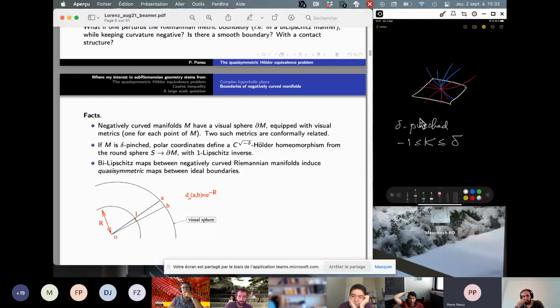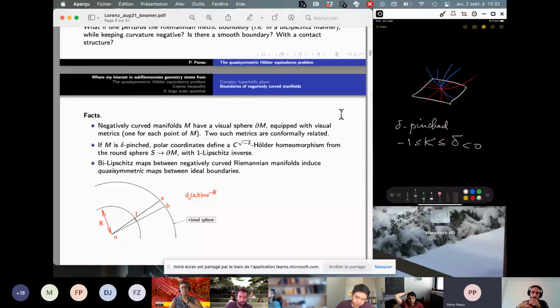I claim that under this curvature assumption, delta pinching, there is a canonical set of coordinates on M, which extends to the boundary.